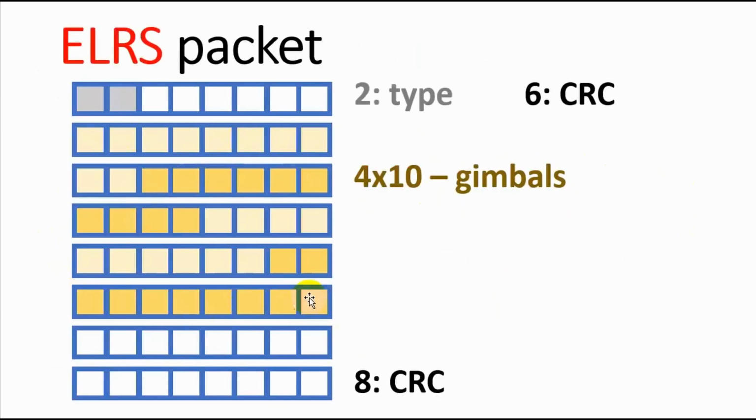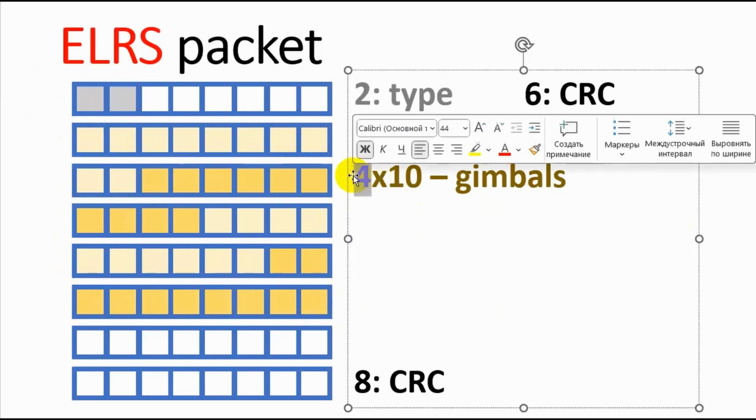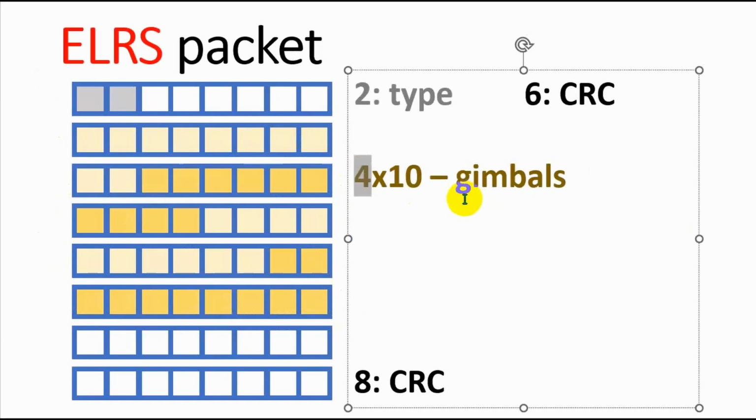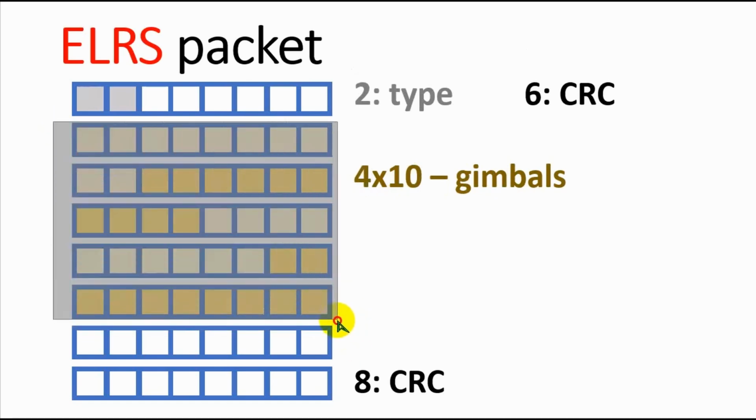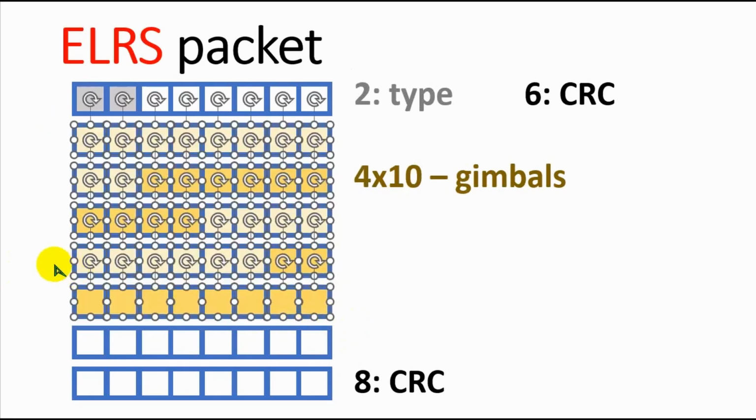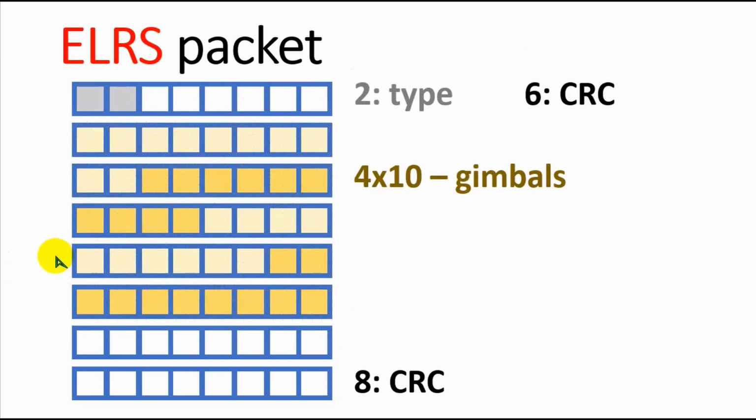this amount of data, this part of message used to transfer 4 gimbal values: throttle, aileron, pitch, roll, whatever. So we use this to transfer the accurate value of each gimbal.